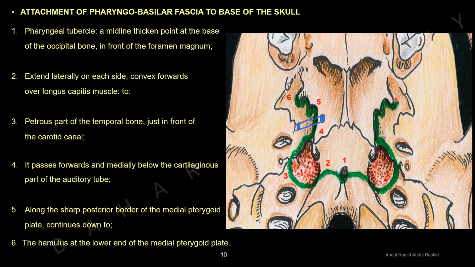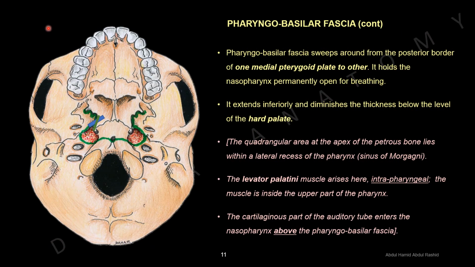So this pharyngobasilar fascia is on the lateral side and posteriorly, but anteriorly it is open. Continuation of the attachments of the pharyngobasilar fascia to the base of the skull. If you see the diagram very carefully, the pharyngobasilar fascia sweeps around from the posterior sharp margin of the medial pterygoid plate to the posterior sharp margin of the other medial pterygoid plate.